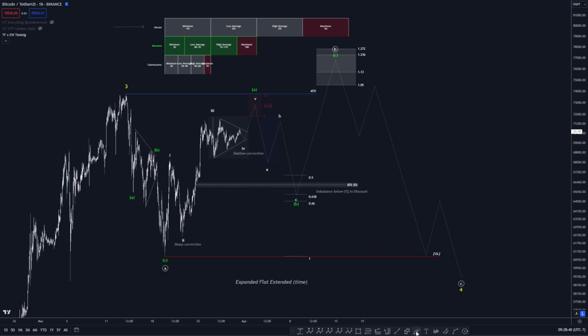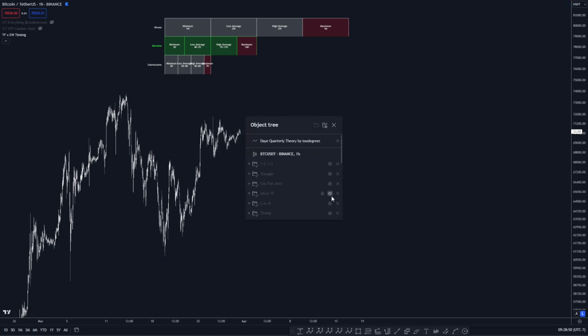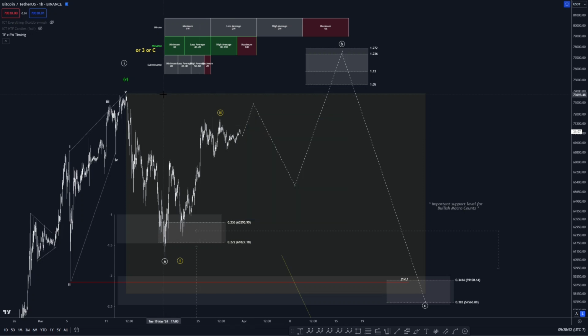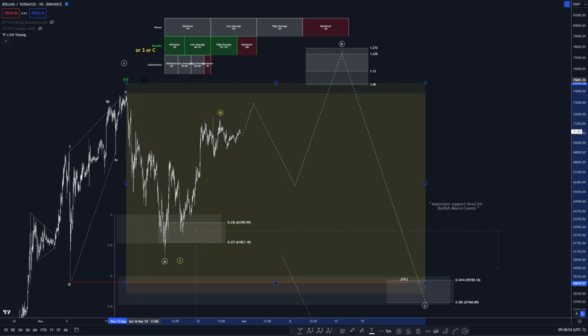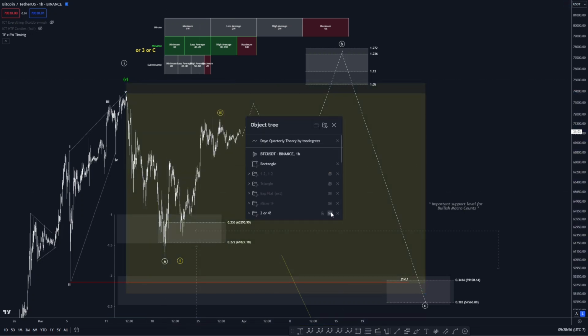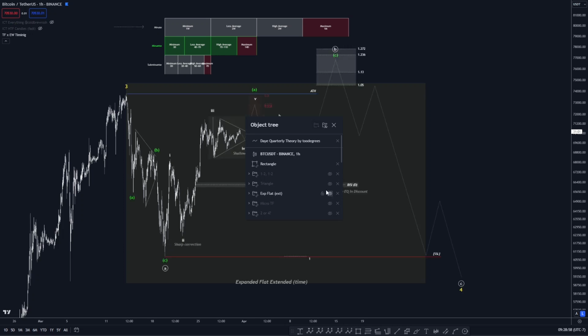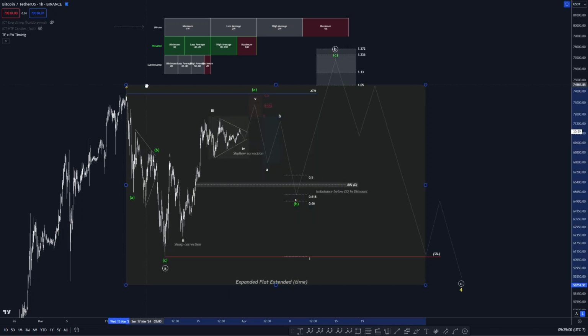Internally, this falls in line with what we're expecting time-wise. When we pull up the correction for the prior correction, which I'm copying right now, the prior correction for the minor 2 was about this long.